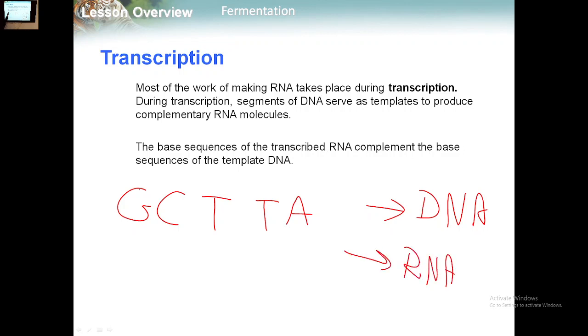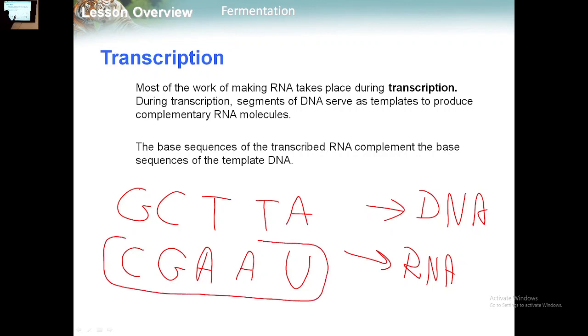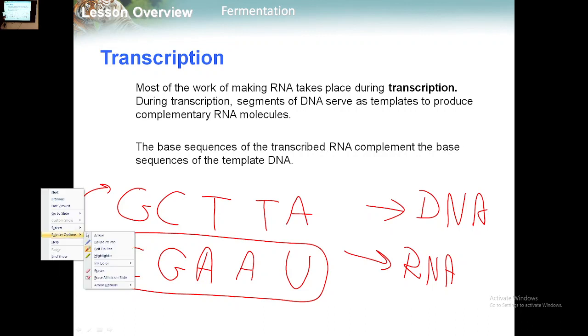The complement sequence for GCTTA is C, G, A, A, and the A will face U, uracil, in the RNA instead of T, okay? So this is the complementary sequence of this DNA sequence, and this complementary sequence is found in the form of RNA. Done? Is that clear?